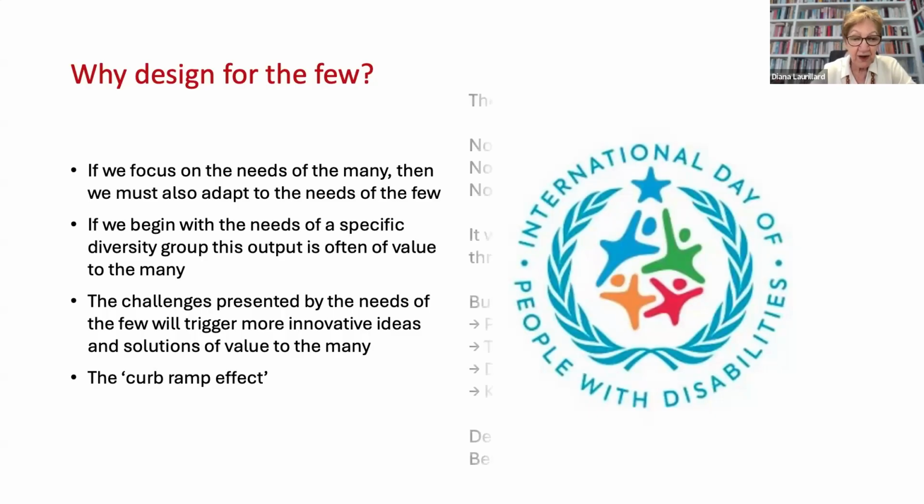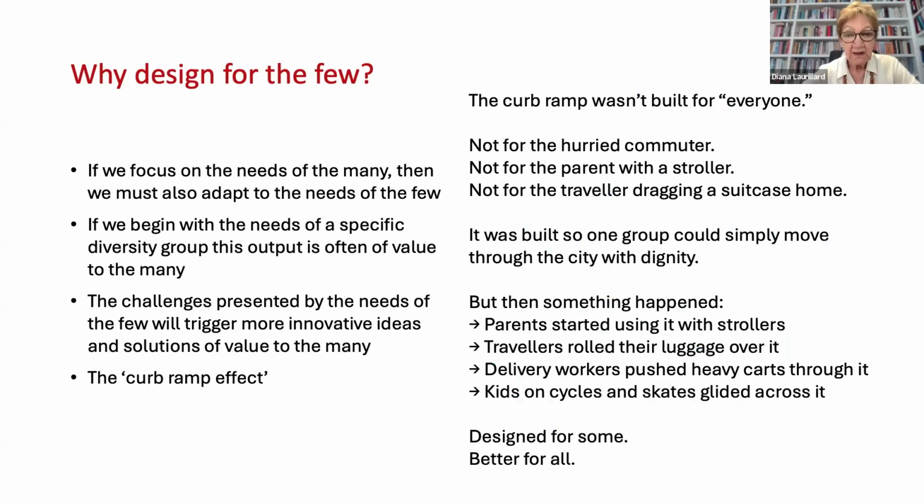Some people call this the curb ramp effect. And this is a little quote from a woman who was a campaigner back in the day for the curb ramp, which was built for people with wheelchairs. And as she says, it's not for the hard commuter, it wasn't for the parent with a stroller, it wasn't for the traveler dragging a suitcase home.